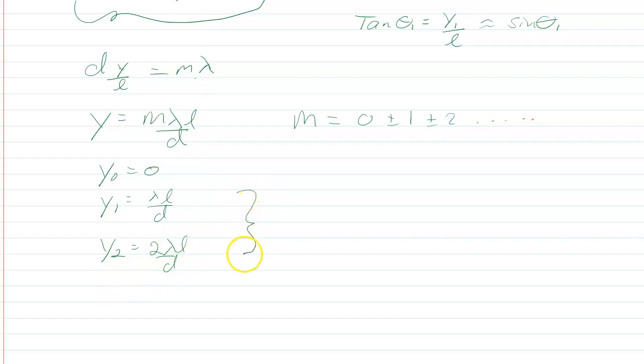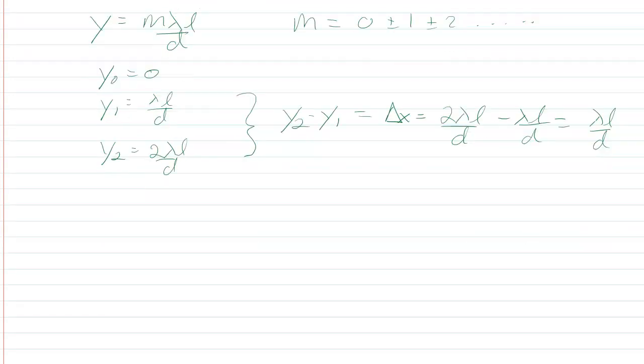And if we take a look at the distance between y1 and y2, y2 minus y1, that's what I call delta x in the above diagram. And that is going to be 2 lambda L over d minus lambda L over d, which is, of course, lambda L over d.